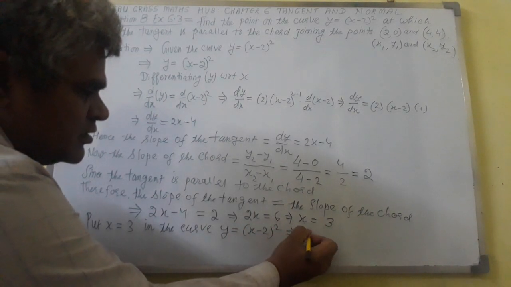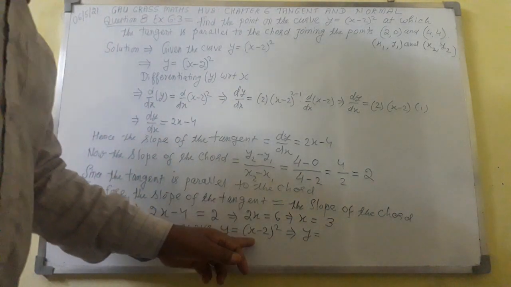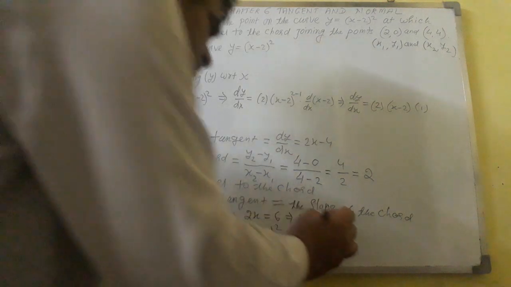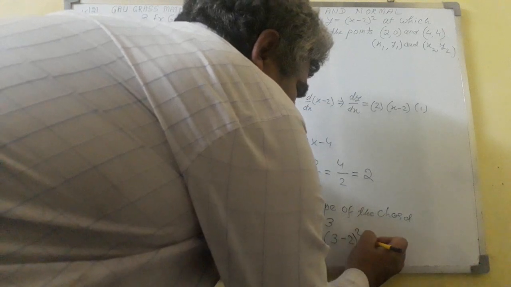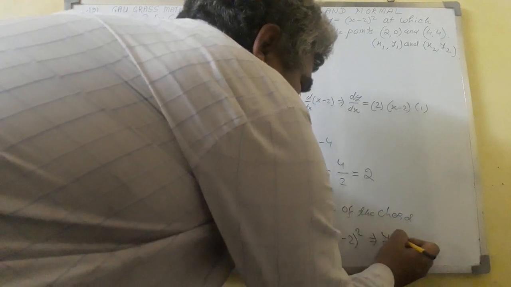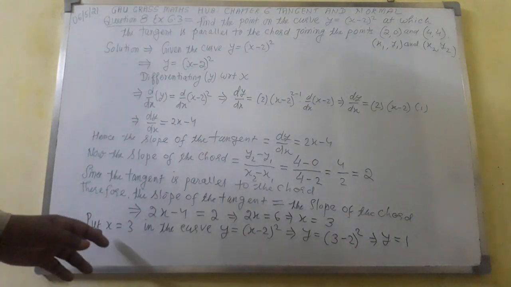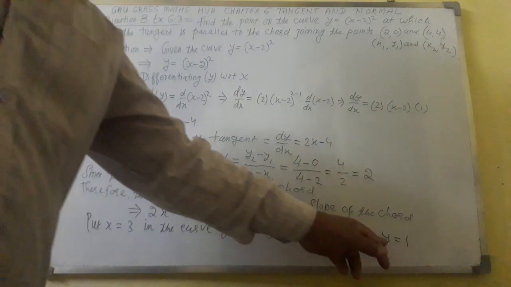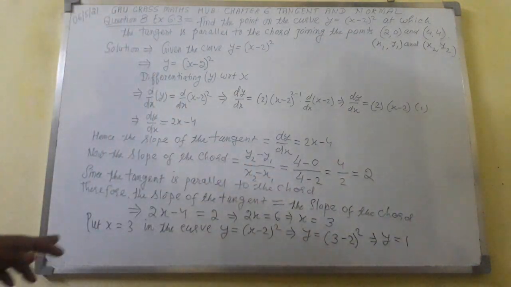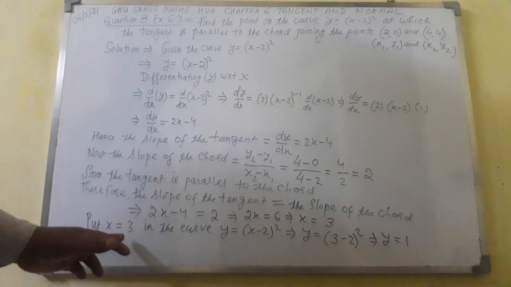Implied that y equal to, here in place of x I shall write 3, so (3 minus 2) whole square, implied that y equal to 1. So here x equal to 3 we have got and y equal to 1 we have got. The required point will be (3, 1).